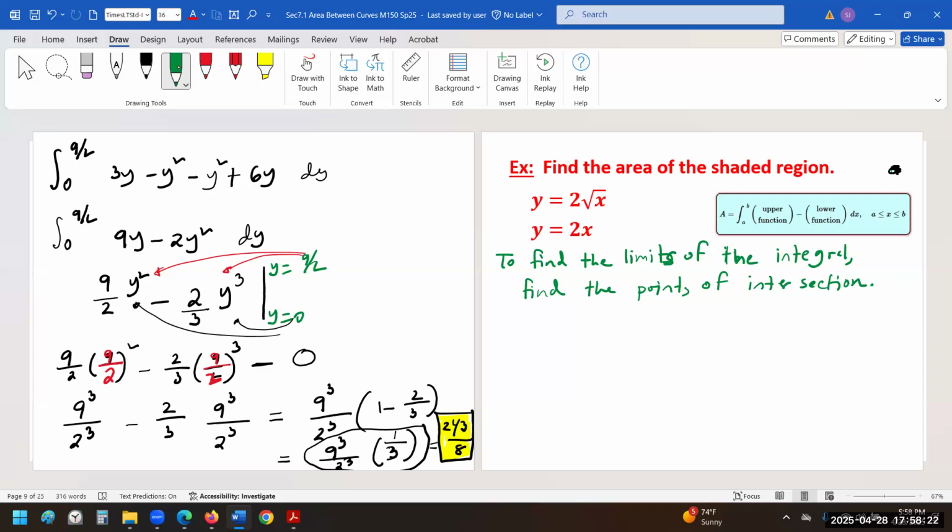If they don't give us the lower limit or upper limit or any limit, then we have to find them. So 2 root x equals 2x. And now our goal is to solve for x.